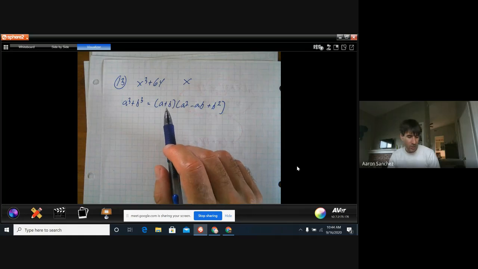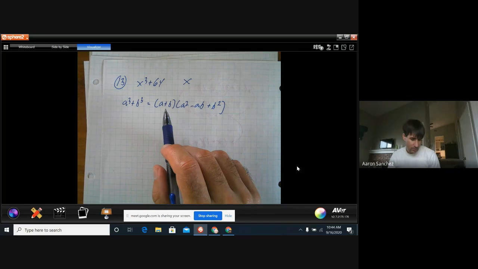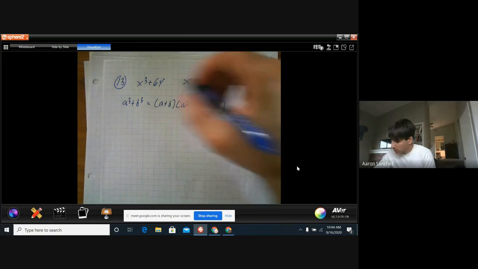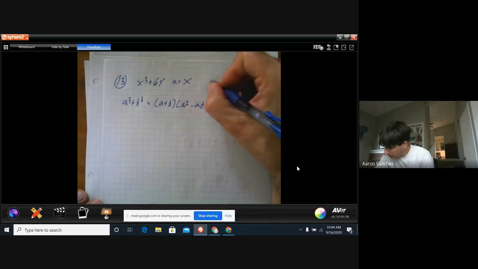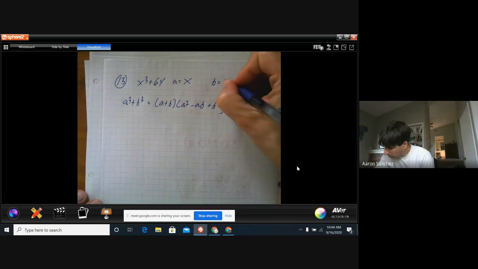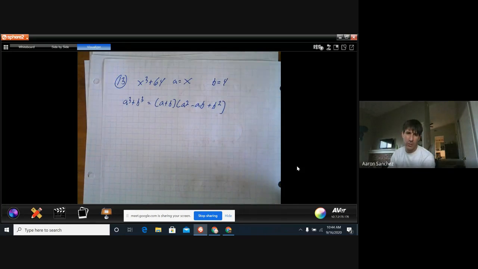Is there a number I can cube and make it equal 64? It's actually going to be 4. So a is going to equal x, and b, Ariana, is going to equal 4, because 4 times 4 times 4 is 64.